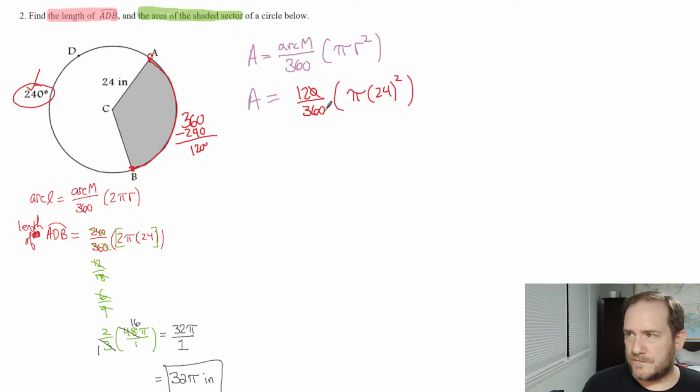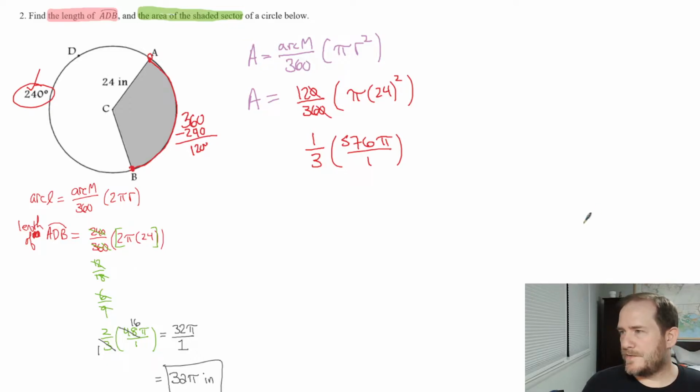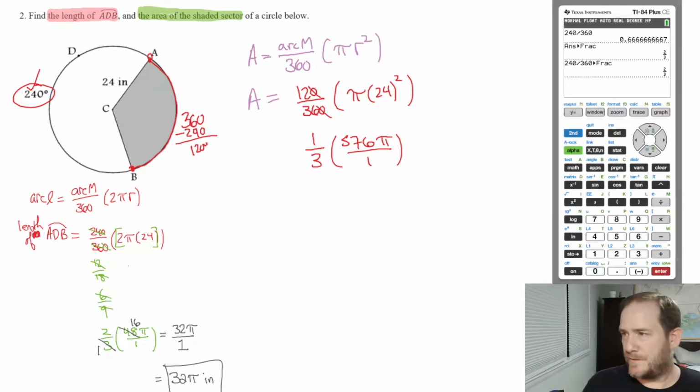Alright, divide by 10, chop it in half, 6 over 18, divide by 6, 1 over 3, it's 1/3. 24 squared is something pretty big, 576, throw that over 1. Here, I guess you just grab a calculator and check to see if these things are even divisible.